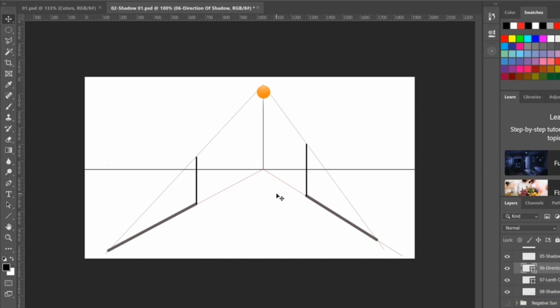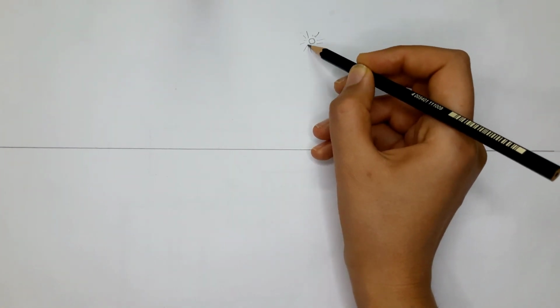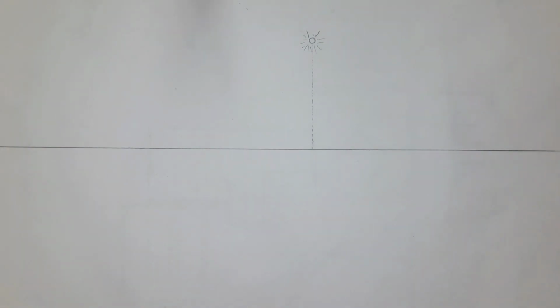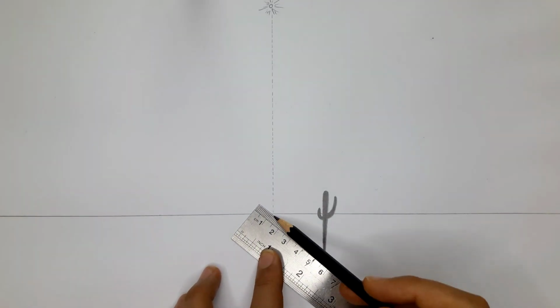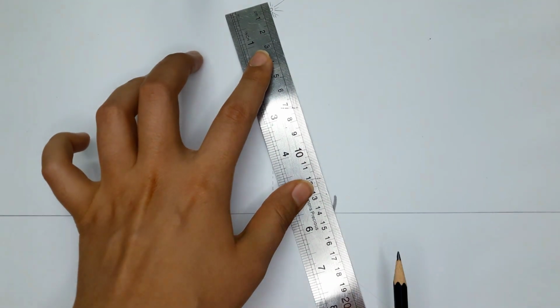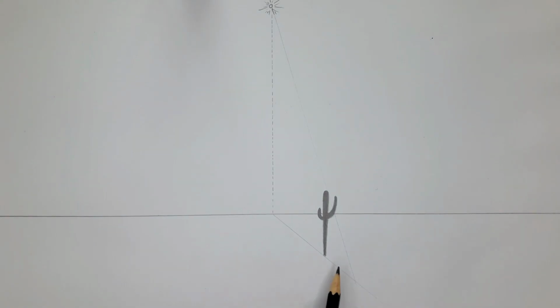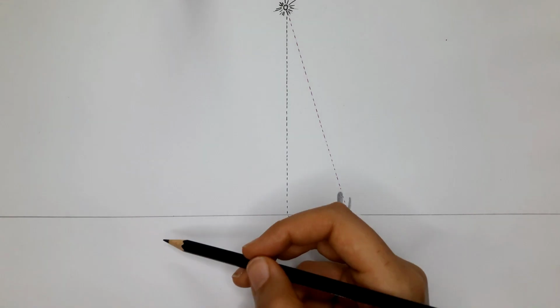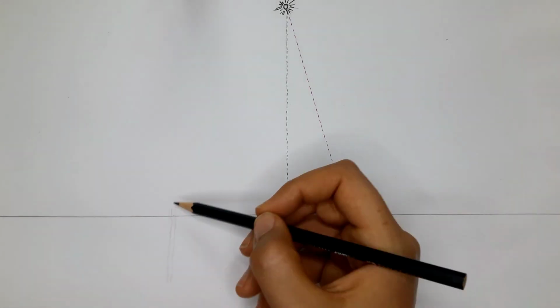And just as simple as this, we can draw the shadow of objects in perspective. I'm going to go for some practical examples to help you understand the concept better. The shadows of such things are very simple.